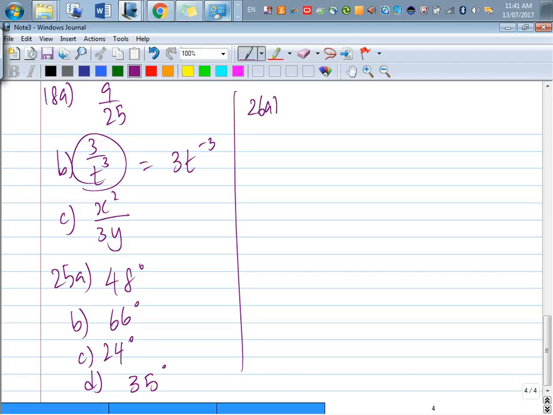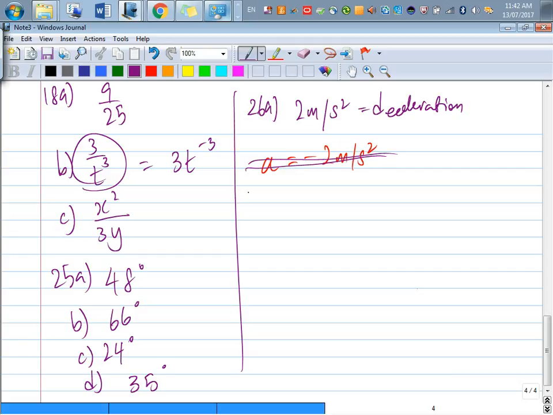26A, you get 2 meters per square second. How many of you left your answer as negative 2 meters per square second? Anybody? No? Okay, because this is your acceleration, whereas this is your deceleration. So they didn't ask for acceleration, so we don't want this one.